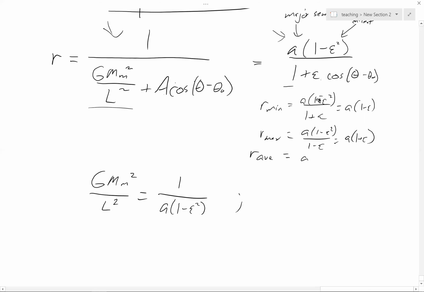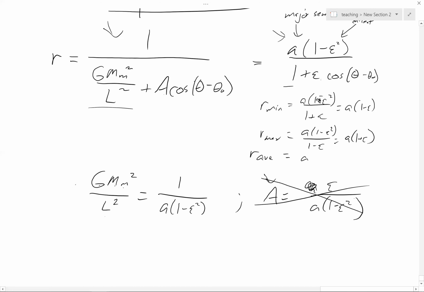The other equation would come from the A: A is equal to epsilon over a(1 minus epsilon squared). But this A was just a constant of integration. It depends on the initial speed of my object and stuff. It's not something physical like gravity or masses or angular momentum. You could figure out what it is, but it's not really important, especially for doing Kepler's third law.